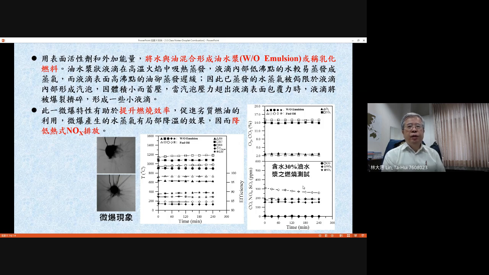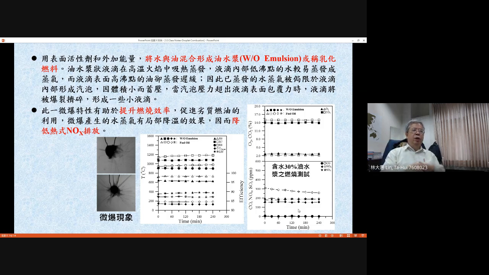However, the NOx emission is tremendously reduced from 300 ppm to almost 150. That is a half reduction of the NOx emission, and this is the basic advantage of using water mixed with the less refined fuel oil to have a lower temperature distribution.